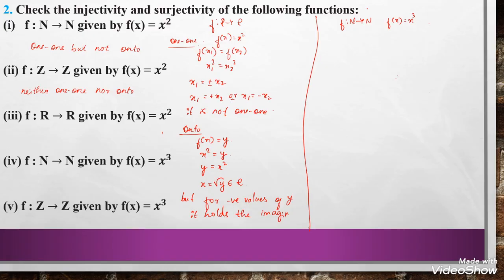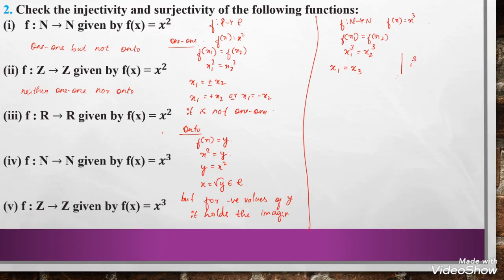Here f of x is equal to x cube, f of x1 is equal to f of x2. Then x1 cube is equal to x2 cube. Then the value becomes x1 is equal to x2.